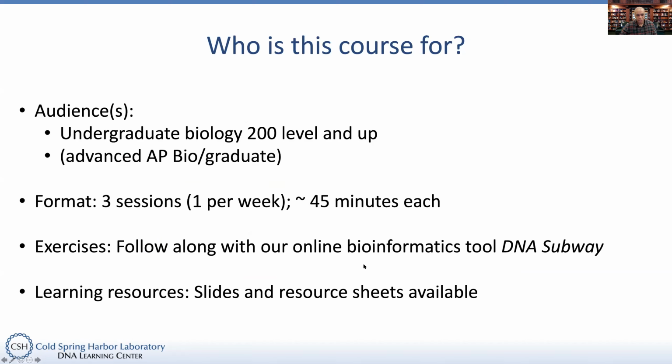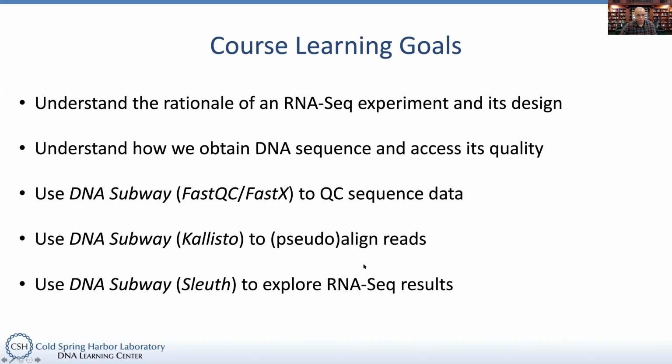This is the last of our 3 sessions, which have been actually more like an hour, but in any case, I'm sure that people can watch it at their leisure at a pace that works for them. One of the great things is that we're doing exercises, so you can actually follow along on the online bioinformatics tool, DNA Subway. And like I said, the slides and the sheets are available.